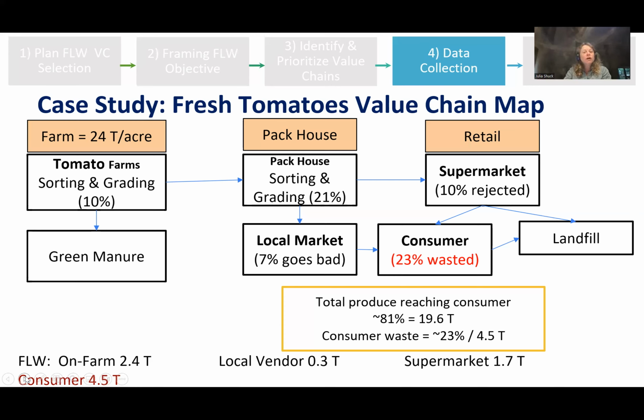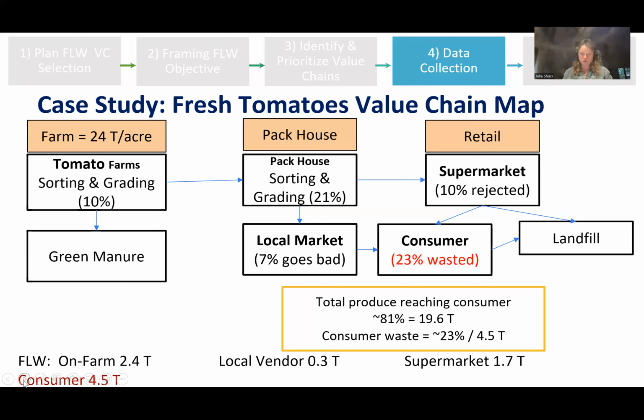When you go to the local market, we interviewed some vendors, and we averaged about 7% loss. When you go to a retail outlet, such as the supermarket, you see about 10% loss. A lot of this is people picking it up to check it and maybe bruising it along the way, or if it busts open and leaks everywhere, that's what you see going away. Anything that gets thrown away from the supermarket onward ends up in a landfill.